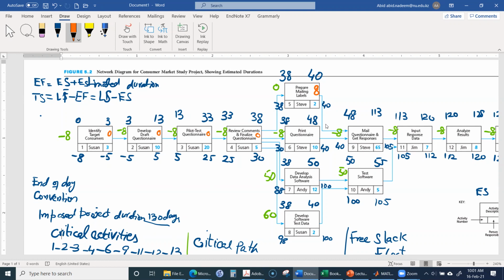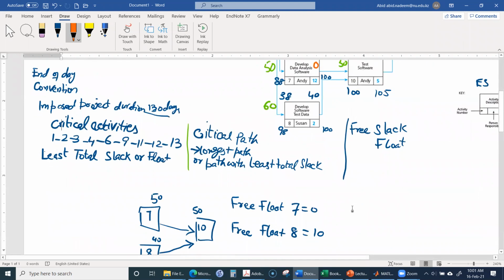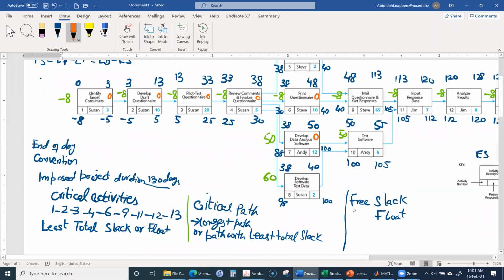express everything. So it should be 0 over here and 0 here. That's 50, 50. And then for this 50 and 40, it should be 10, as we have calculated. And for this, it should be 0. And then how about here?